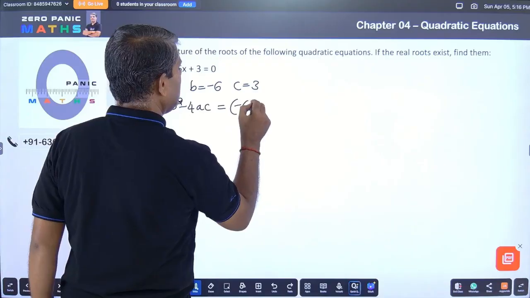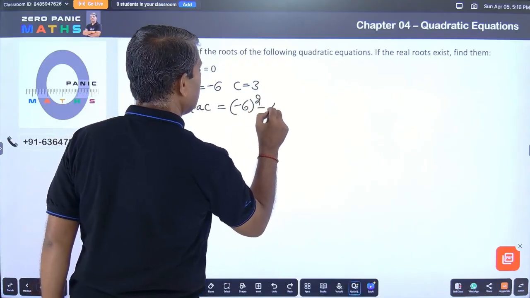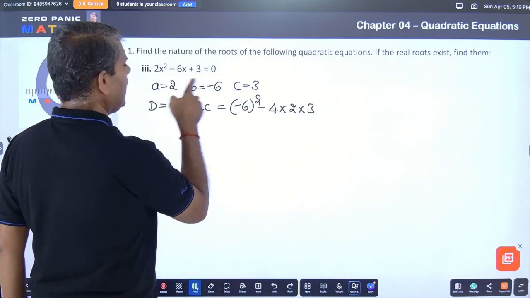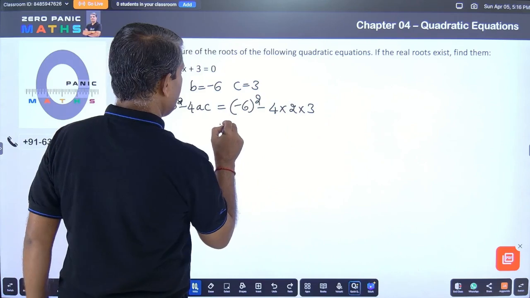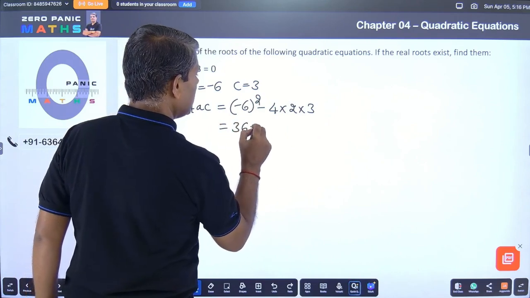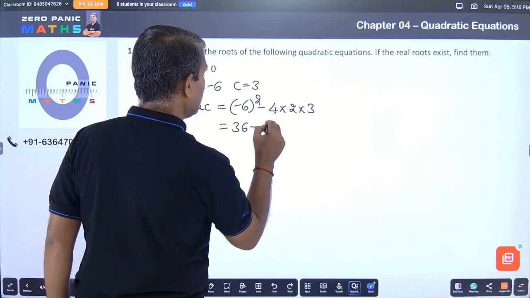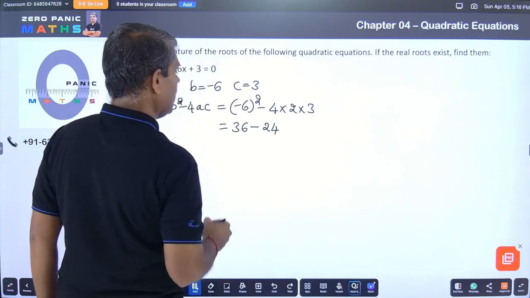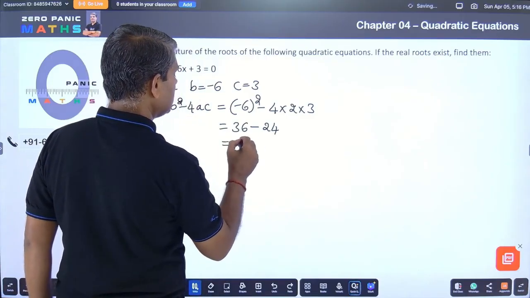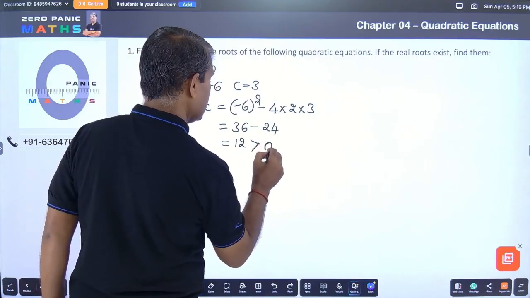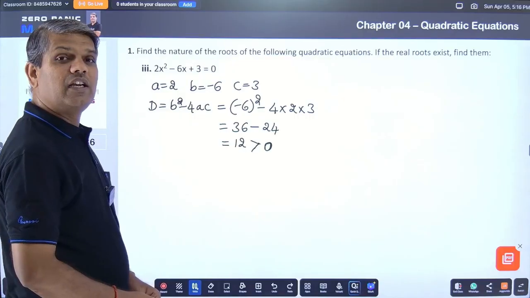Okay, b square, which is minus 6 square, for a and c, for a c. Okay, b square, that is 36 minus 4 2s are 8, 8 3s are 24, and what is the value of this? It is 12, which is greater than 0. Okay, discriminant value is greater than 0.